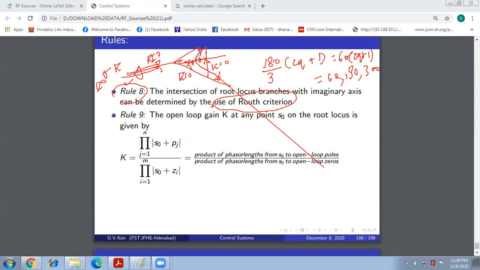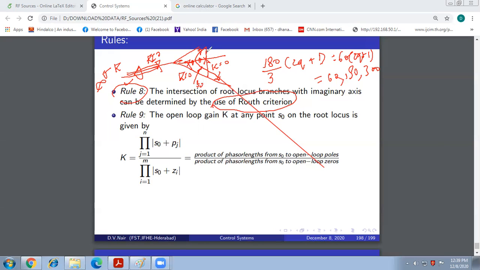Now, as k is varied, the root locus develops like this. Now, I want to know at a particular point, let us say at this particular point, s naught. This is the point of interest for me: what is the value of gain k here?